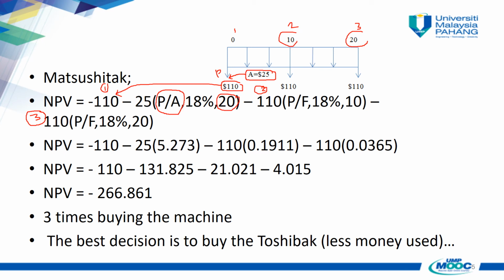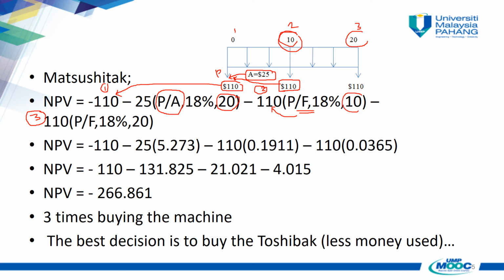Okay, and then after that, we convert another purchasing, at year 10, to become present day value. 110 multiplied by finding P, of course, finding P when we knew the F. What is the F? F is this value, 110 here at year 10.